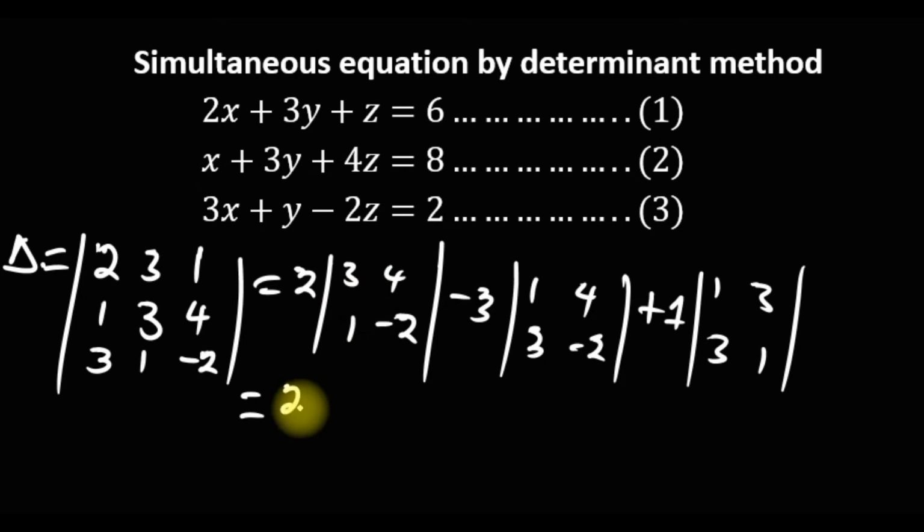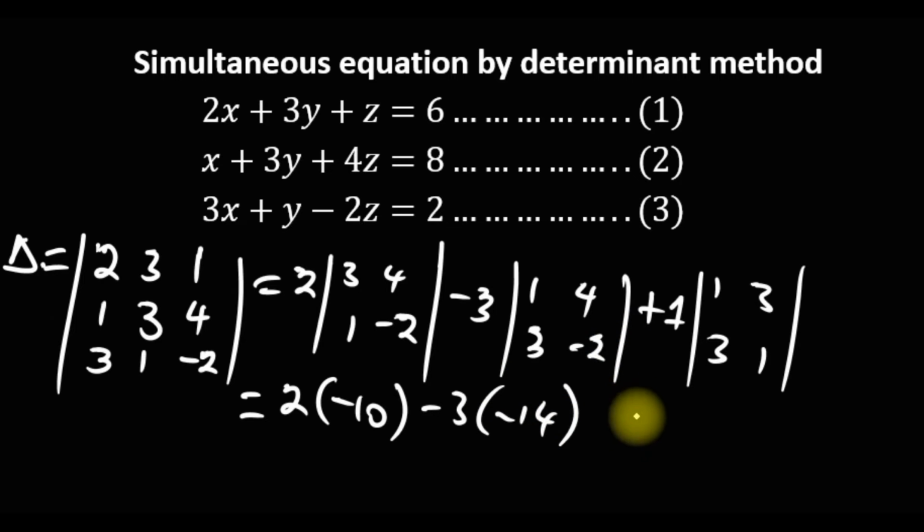So this is 2 times minus 6 minus 4, which is minus 10. Minus 3 times, this is minus 2 minus 12, which is minus 14. And finally, plus 1 times 1 minus 9, which is minus 8.